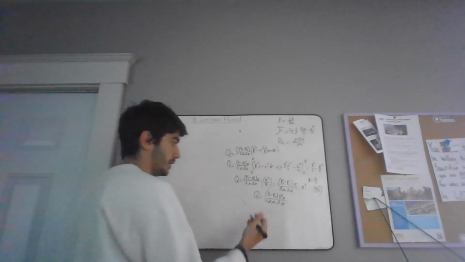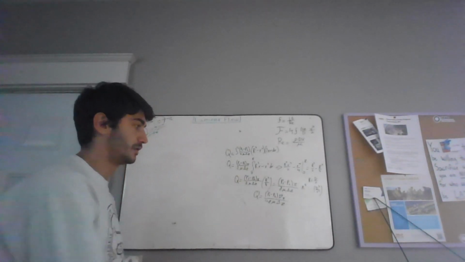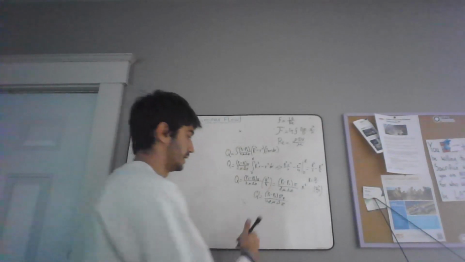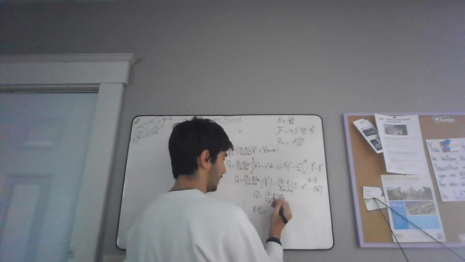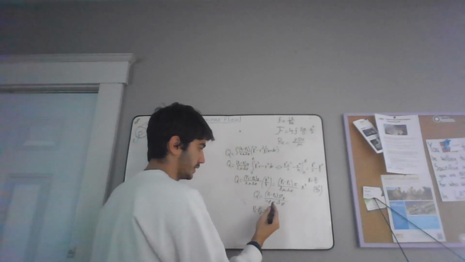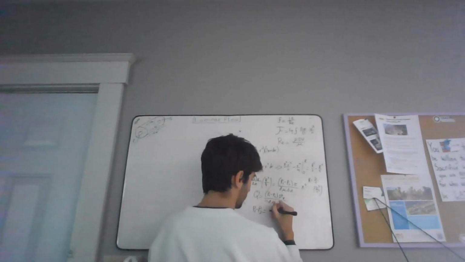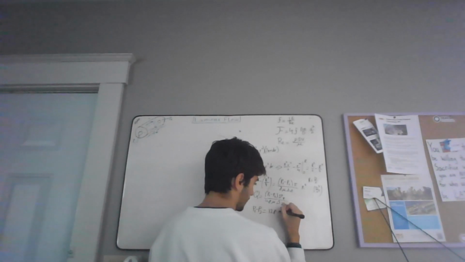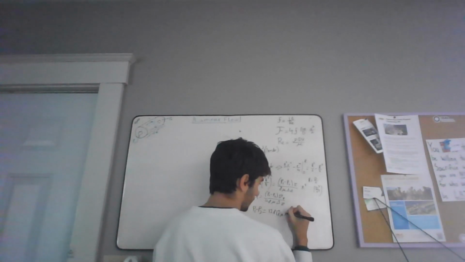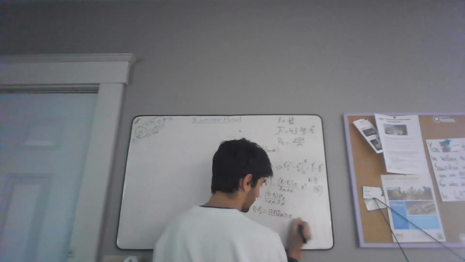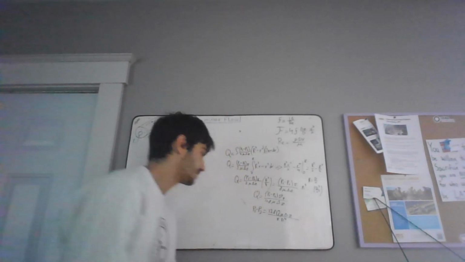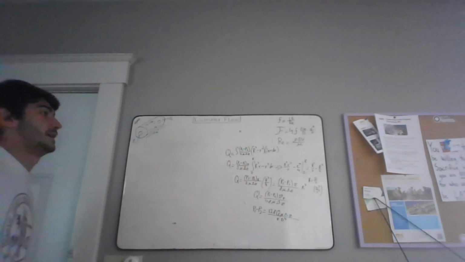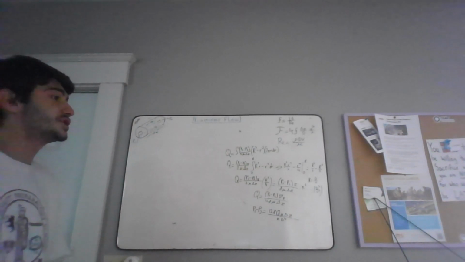Might not make any sense right now, but we'll be using Bernoulli's equation to solve for that and then plugging them into each other. So if I rewrite this, I get P1 minus P2 equals 128 Q mu dz divided by pi d to the fourth. That's our expression.